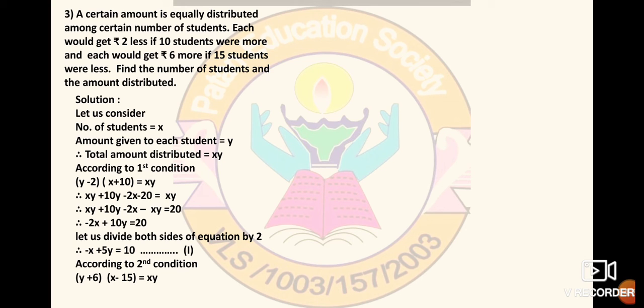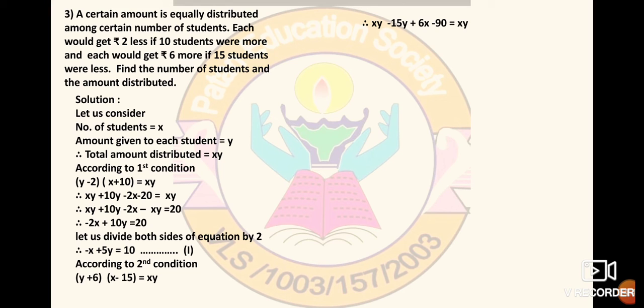So (y plus 6)(x minus 15) is equal to xy. Again multiplying: y into x is xy, y into minus 15 is minus 15y, 6 into x is 6x, 6 into minus 15 is minus 90, xy remains as it is.